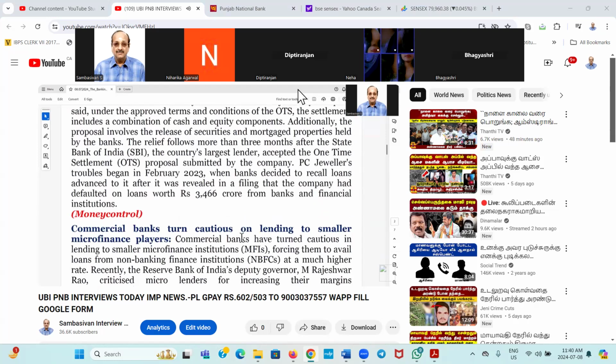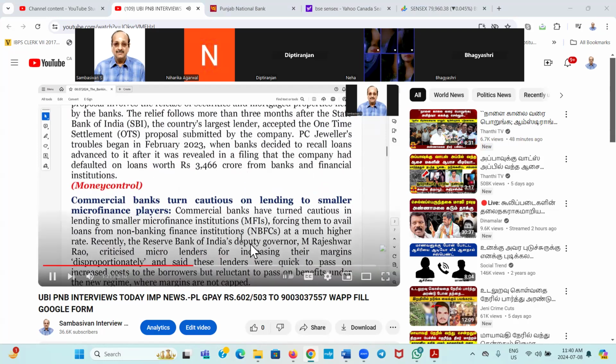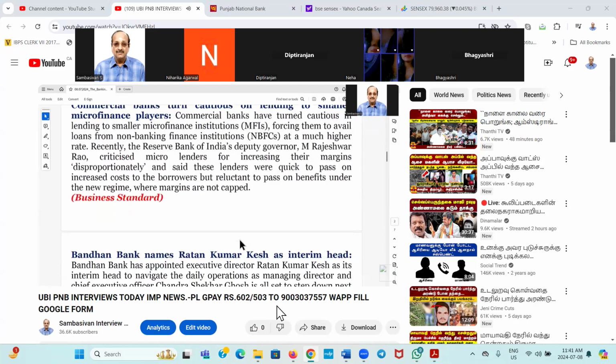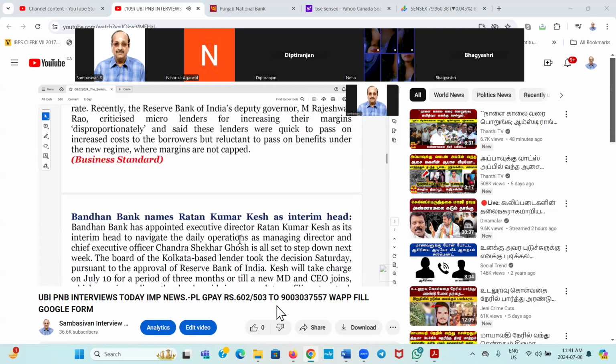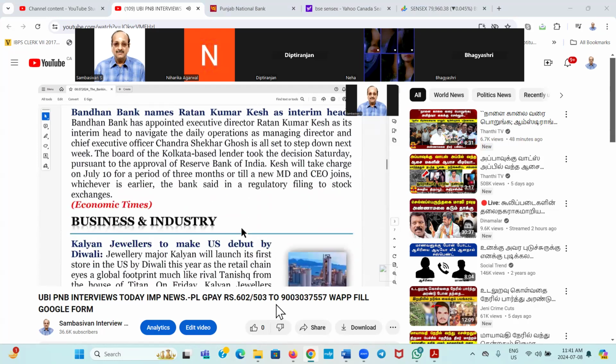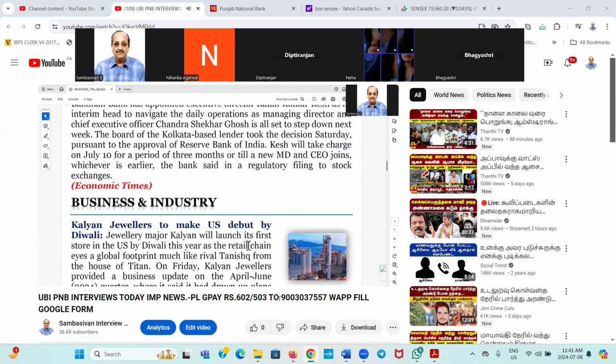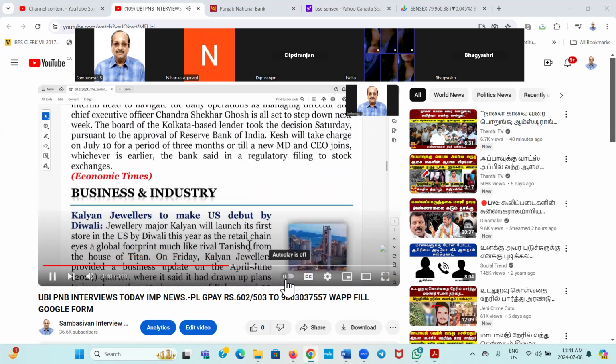Commercial banks turn cautious on lending to smaller microfinance players. Bandhan Bank names Ratan Kumar Kesh as interim head. Bandhan Bank names Ratan Kumar Kesh as interim head. Kalyan Jewelers to make US debut by Diwali.